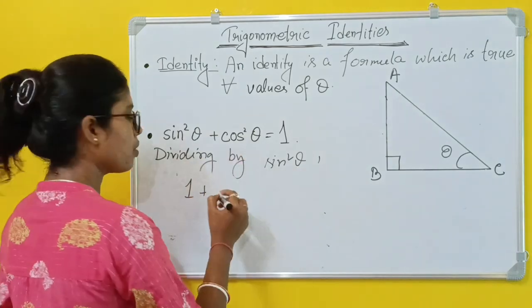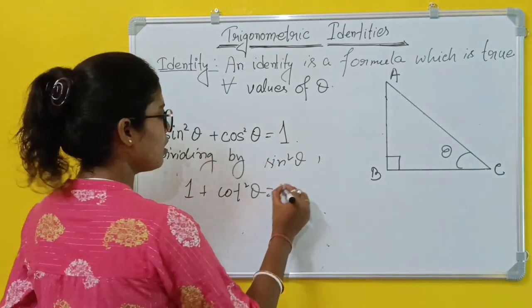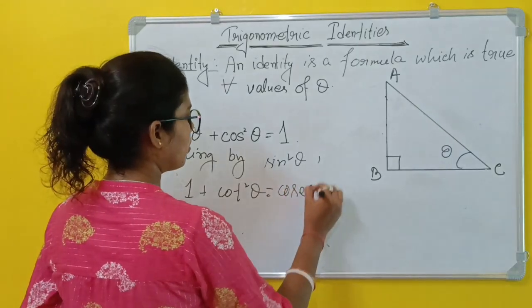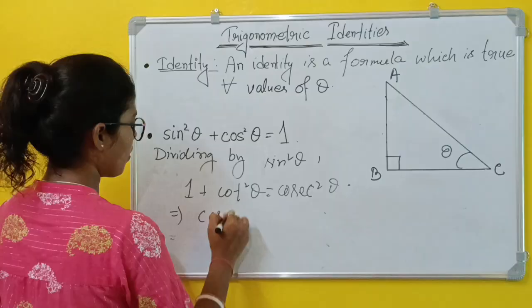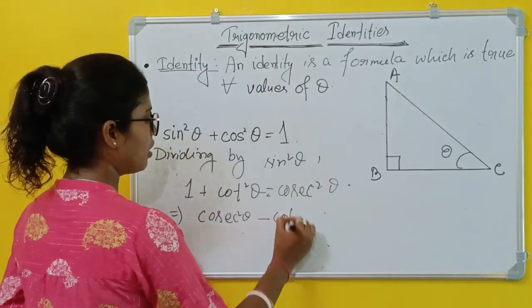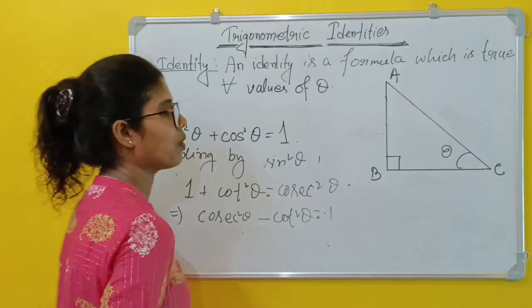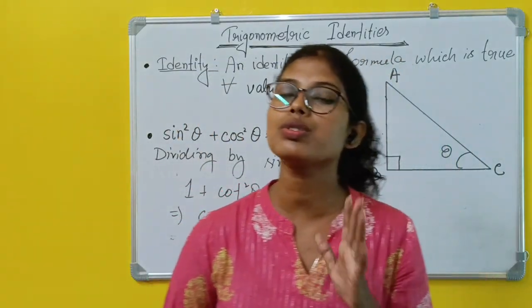Cos square theta by sine square theta is cot square theta. 1 by sine square theta is cosec square theta. Just transform cot to the right hand side. Cosec square theta minus cot square theta is 1. So simple to prove, so simple to simplify.